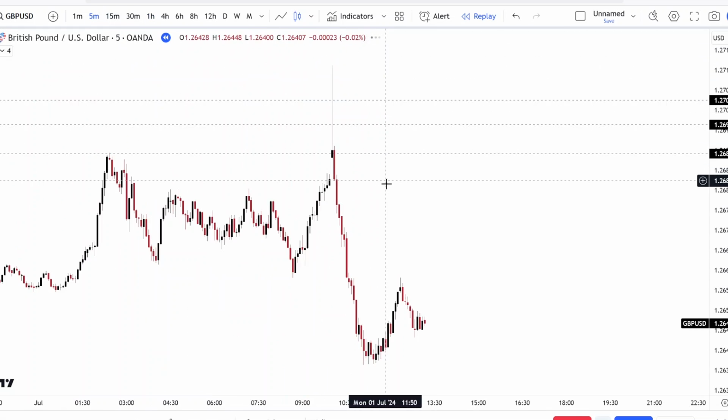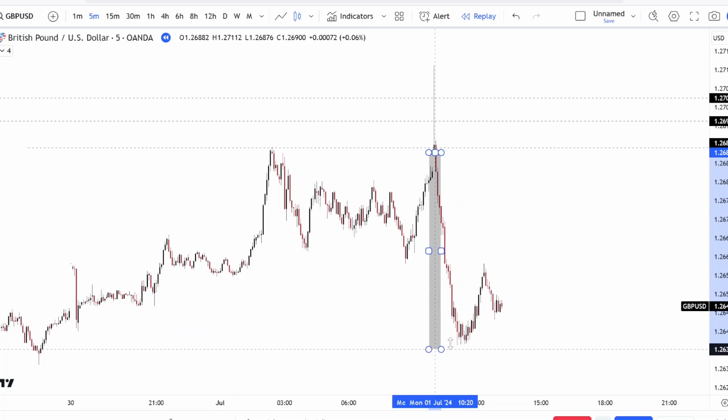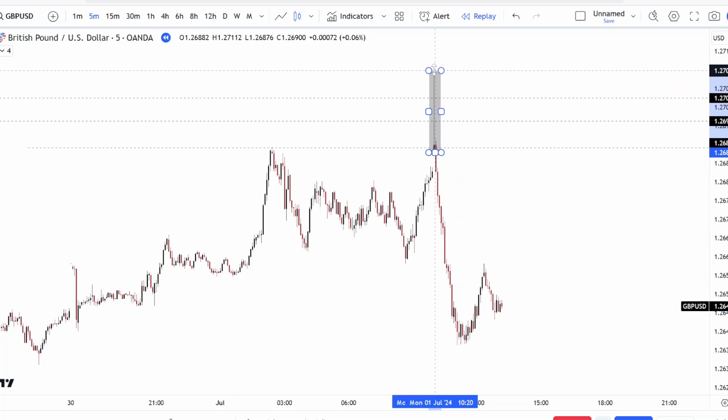When you go into a lower time frame, like in this case the 5 minutes, this entire sweep happened within 5 minutes. And the candle quickly turned into a bearish candle. So again, this candle started off bullish and flipped into a bearish candle.